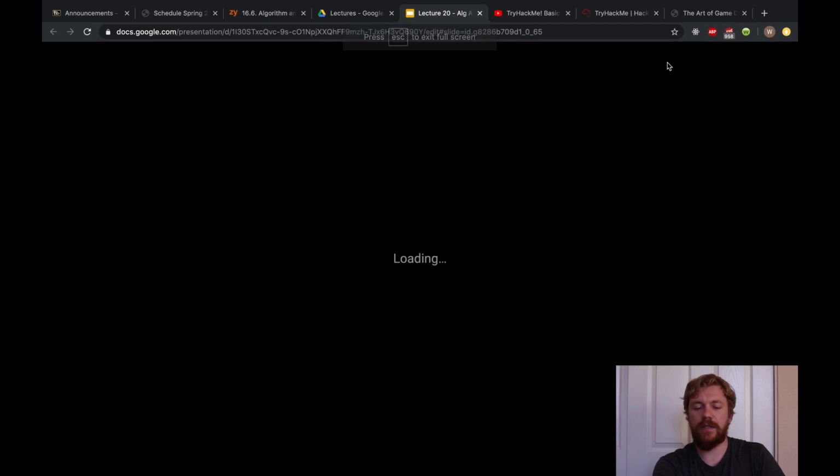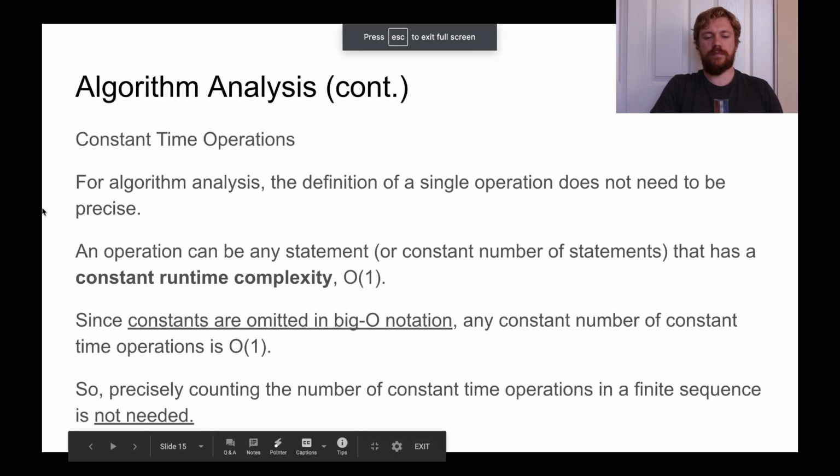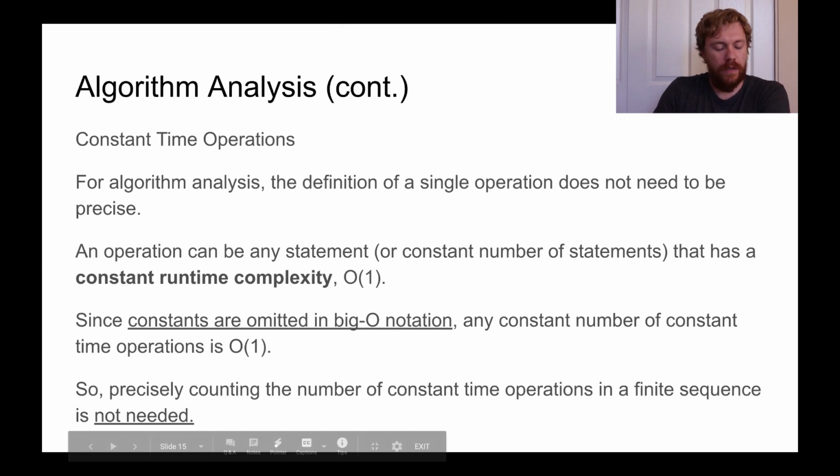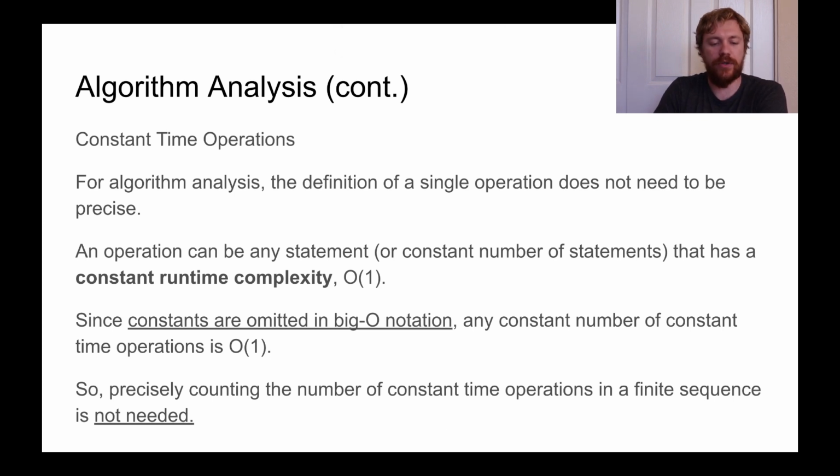So going back to the slides. Constant time operations for algorithm. So for algorithm analysis, the definition of a single operation does not need to be precise. An operation can be any statement or constant number of statements that has a constant runtime complexity of big O of 1. And that was pretty much any comparison or any assignment operator.